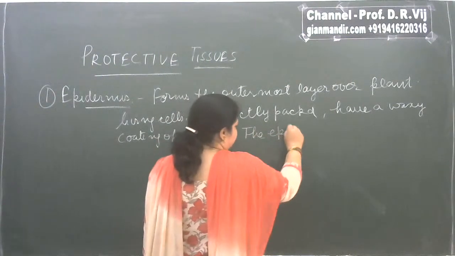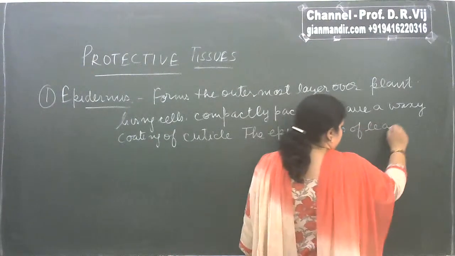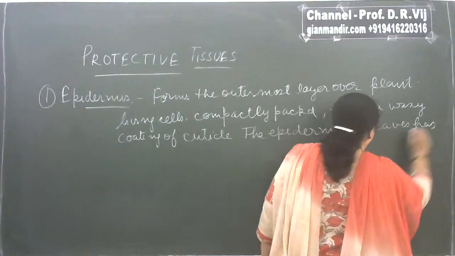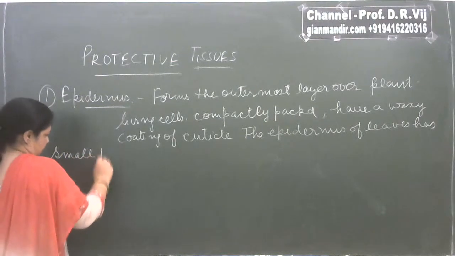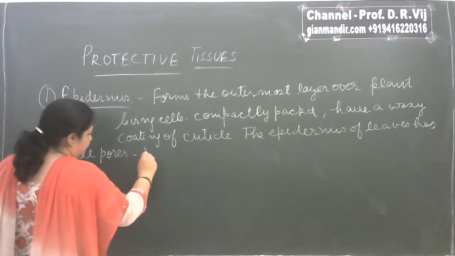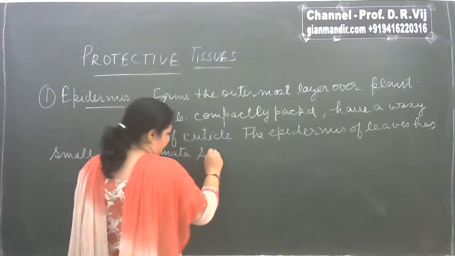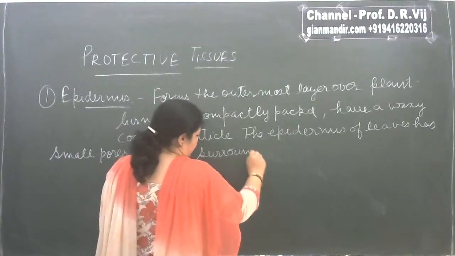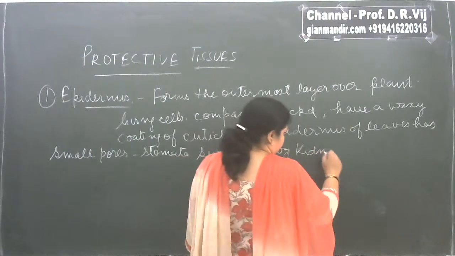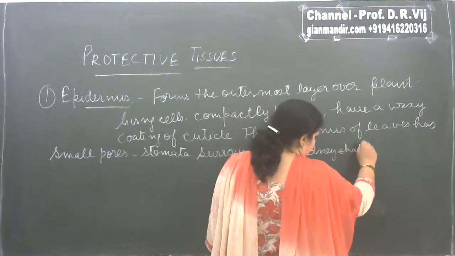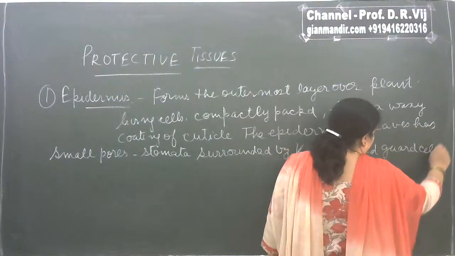And the epidermis of leaves has small pores, that is stomata, surrounded by kidney shaped guard cells, right?